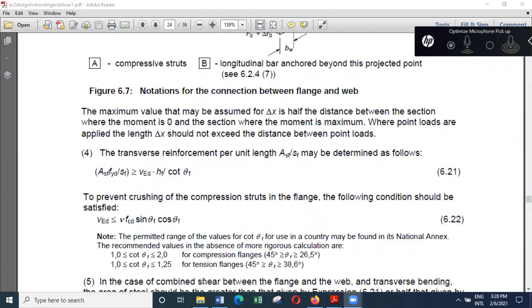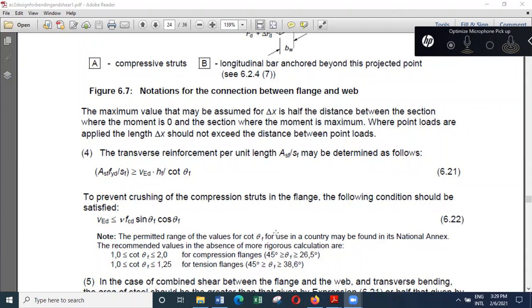And if the flange is in tension, the angle changes. The variable angle is from 38.6 degrees to 45. But most of the time the flange will be in compression. So if the flange is in compression, then the angle will vary between 26.5 and 45 degrees.